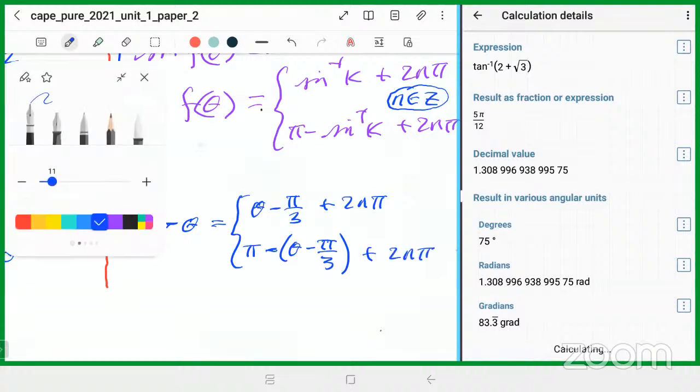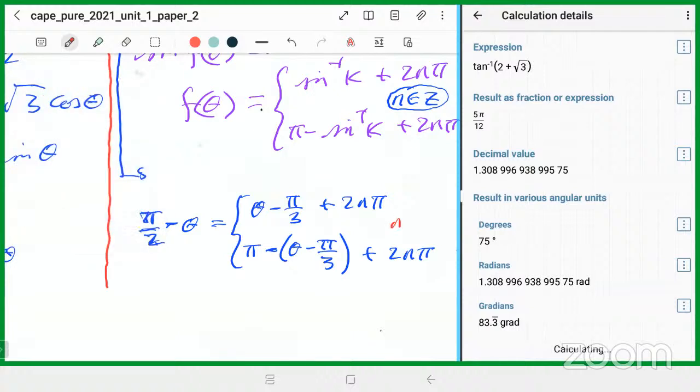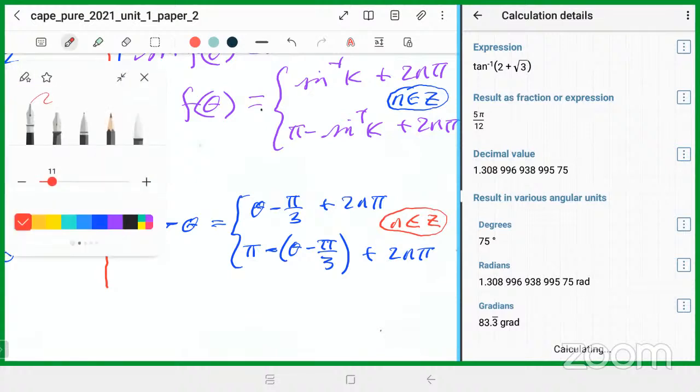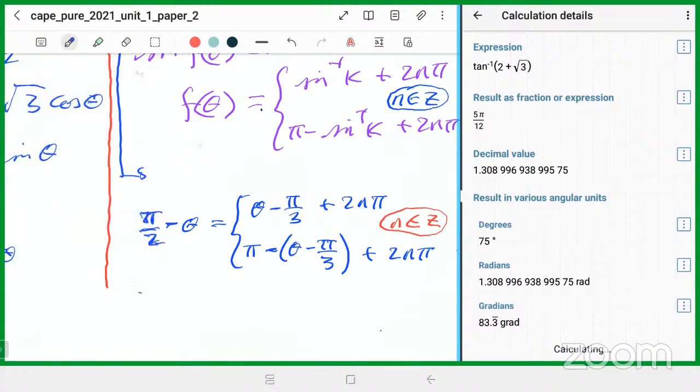And remember, put it in red, that n is an integer. Well, look what is going to happen now. My pi by 2 minus theta is going to be equal to this one, which stays how it is.